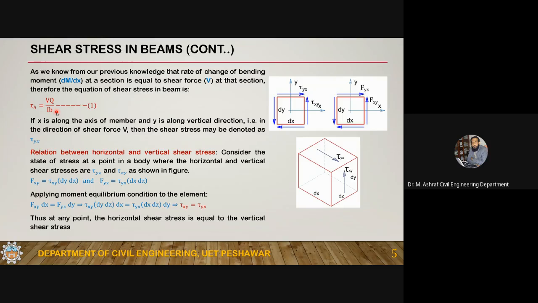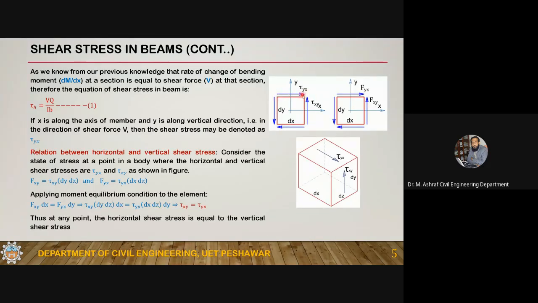Now this tau h: if x is along the axis of the member and y is along the vertical direction, that is in the direction of the shear force, then the shear stress may be denoted as tau yx. Here you can see this is the horizontal shear stress. This is a stress element.